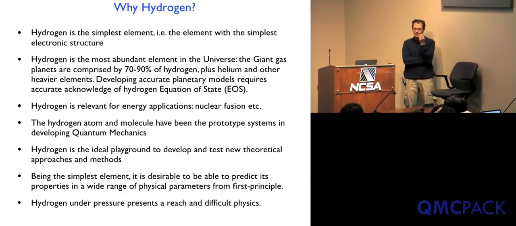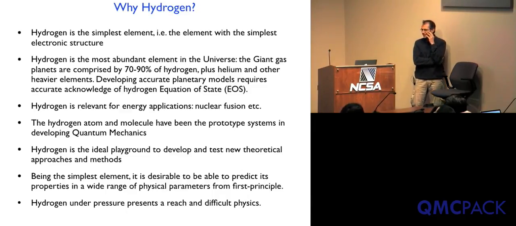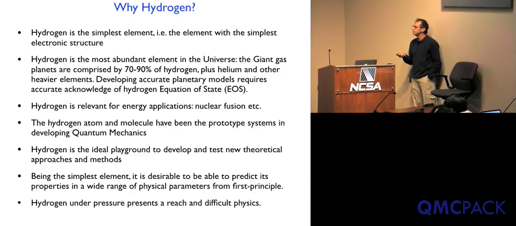So to solve at least the simplest element would be nice, right? It's very important because it's very abundant in the universe. In the giant gas planets, a lot is hydrogen. And if you want to do a very good job in having models for predicting the behavior of these planets, how they form and how they develop, you need very accurate equations of state.